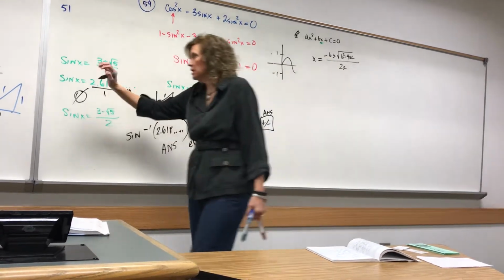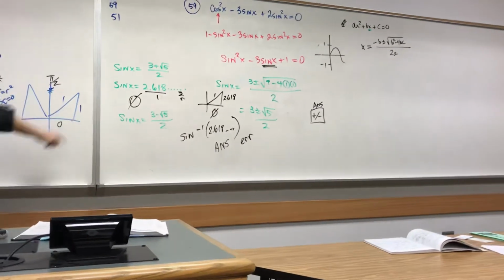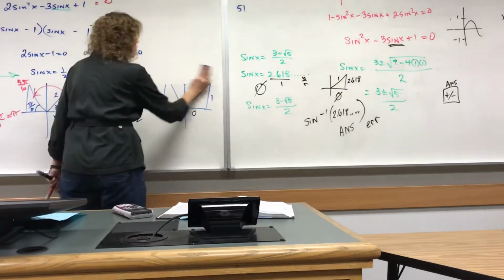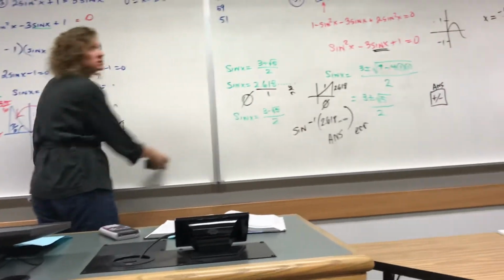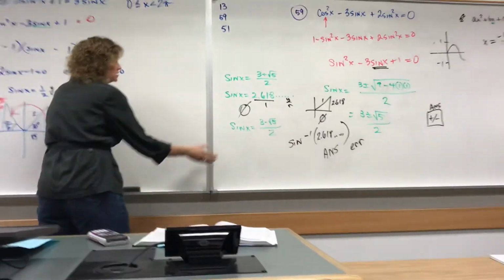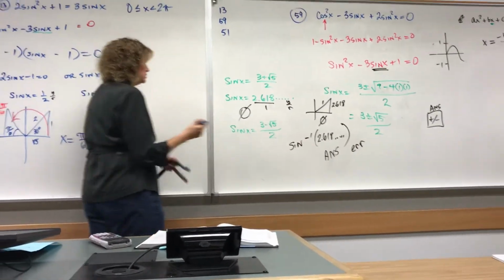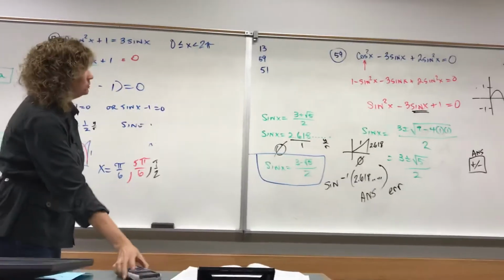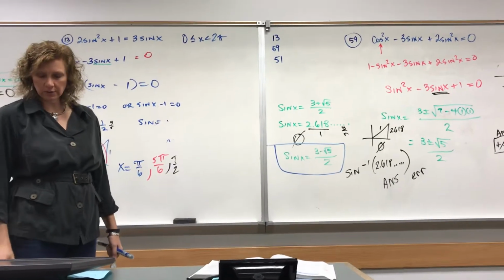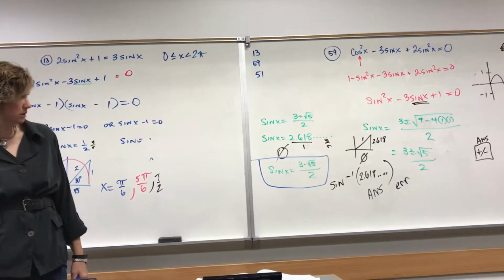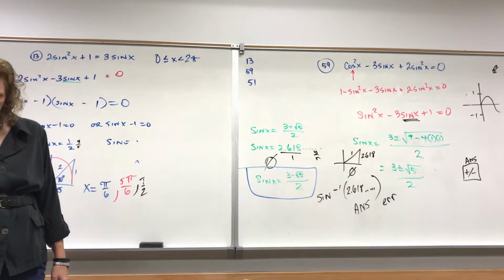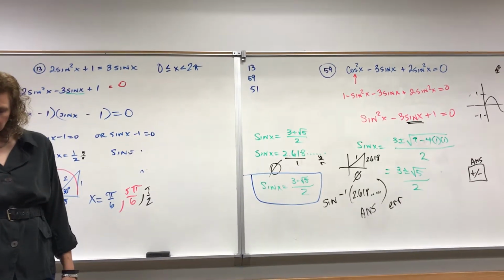This is bogus. It's not going to give me an answer to the equation, but I still have that other one left that we still have to deal with. I'm going to actually leave this for you guys to do. I don't think that that's going to be greater than 1 or less than negative 1. 3 minus the square root of 5 divided by 2.